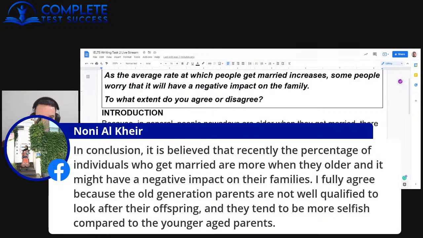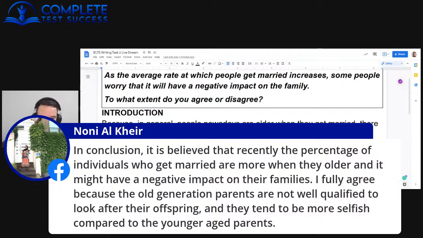Noni, "in conclusion, it is believed that recently the percentage of individuals who get married are more." So you put more in the wrong place. It's the percentage that's more, not the individuals. "When they are older, and it might have a negative impact on their families.